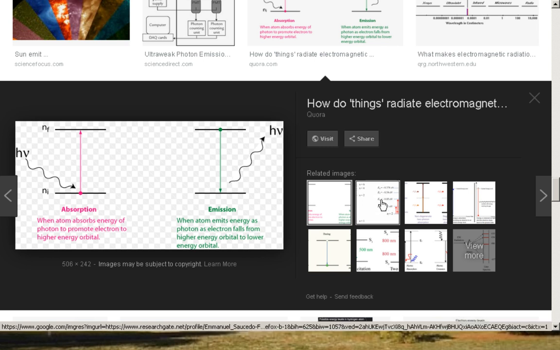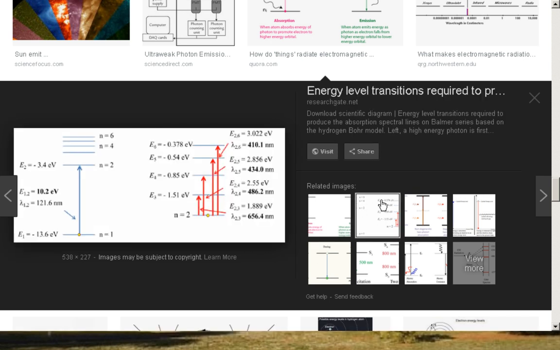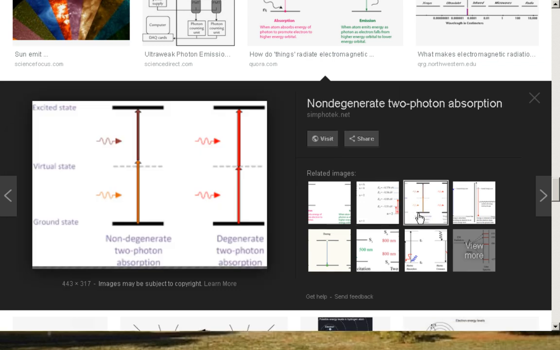A spectrum of light has little wave bands, and those are these energy levels. When electrons move to different parts of the shell, or for whatever reason, they give off a certain wavelength, and that wavelength is measured in terms of light and such.